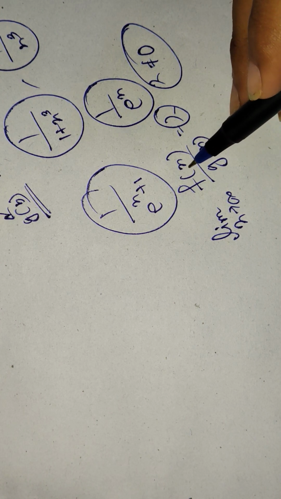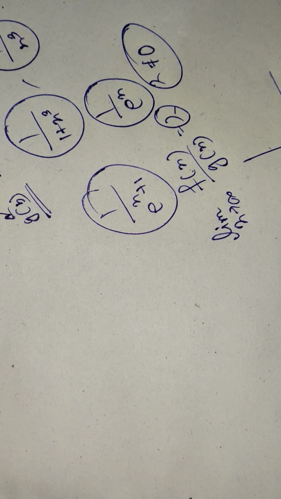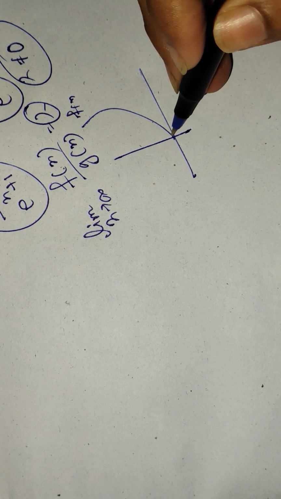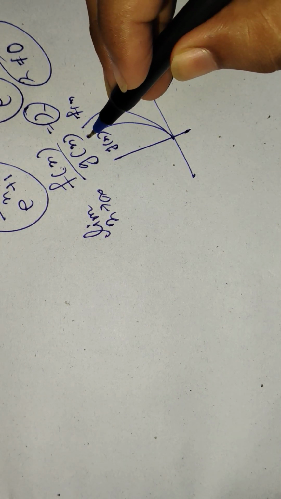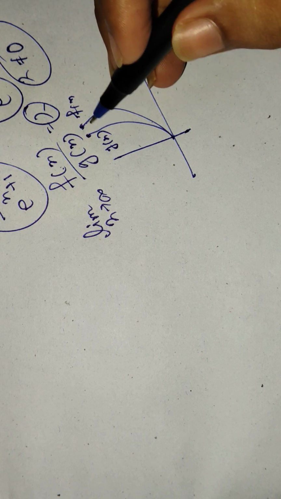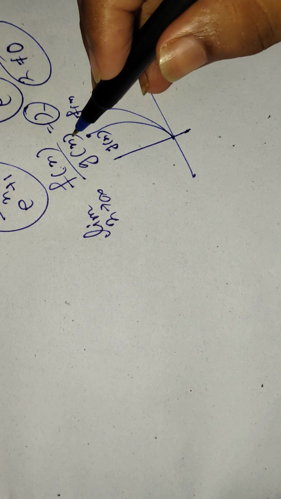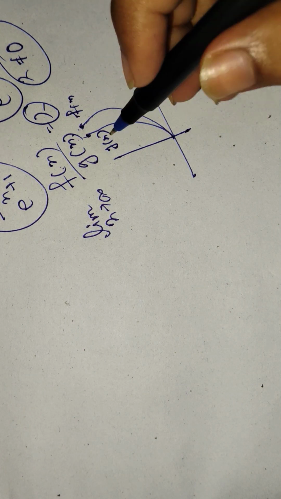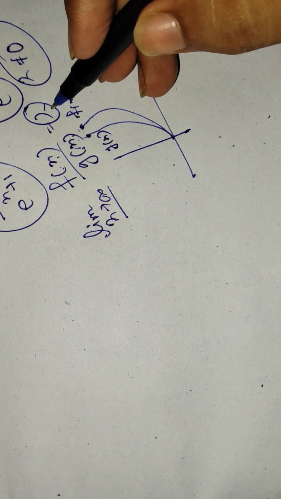Let's say this is the graph of fx and this is the graph of, let's say, gx. You can see both are touching, both are tending to infinity, right? Both are tending to infinity. Now at x equals infinity, the ratio will be constant.